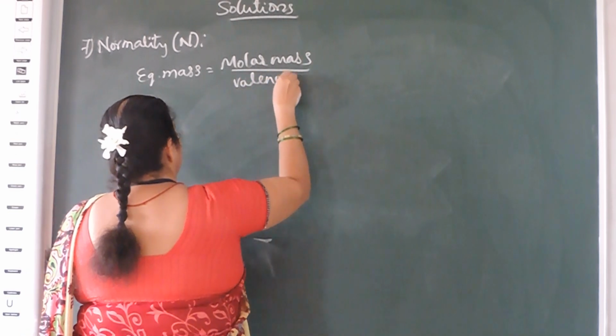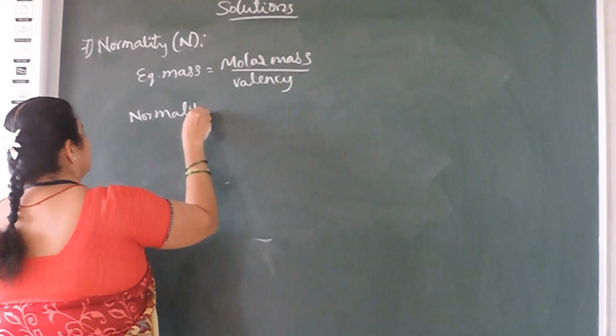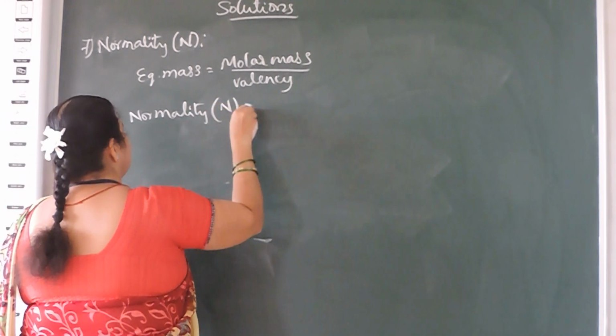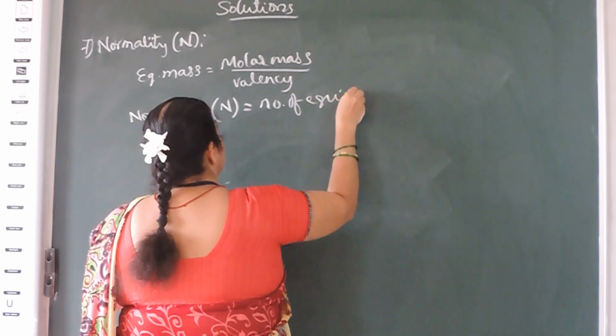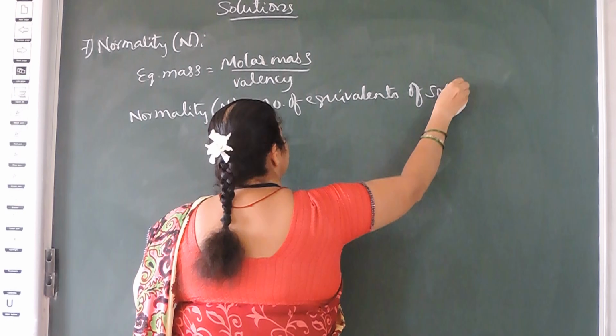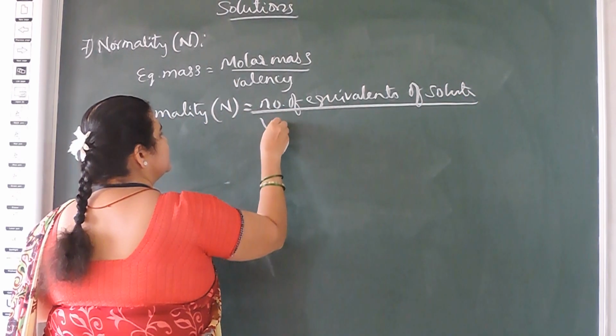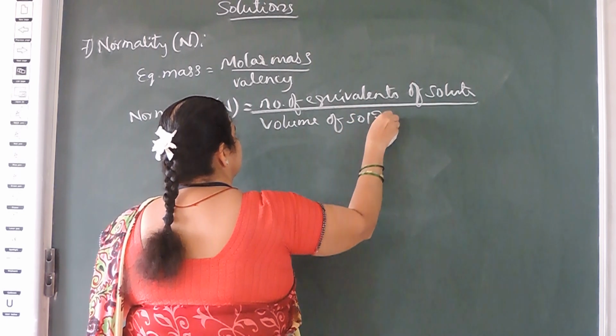So now normality N is equal to the number of equivalents of solute divided by the volume of the solution in liters.